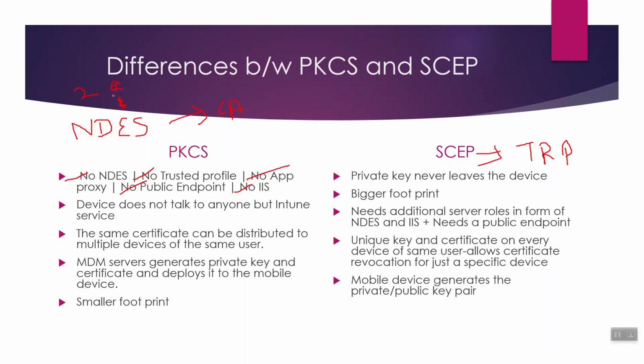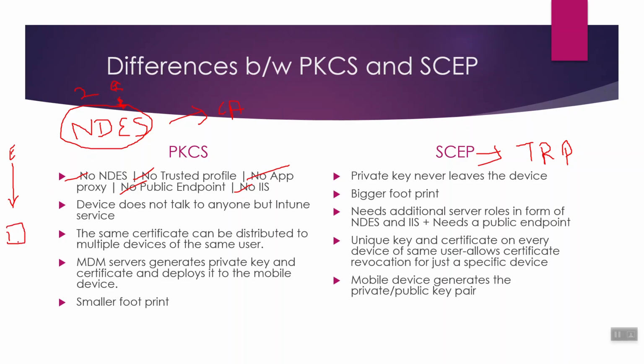And we use a proxy, and using that proxy, we publish this to the internet. If we are making use of something called Azure App Proxy, then that Azure App Proxy is going to provide us an external URL. That external URL is publicly available and the end devices connect to that external URL.